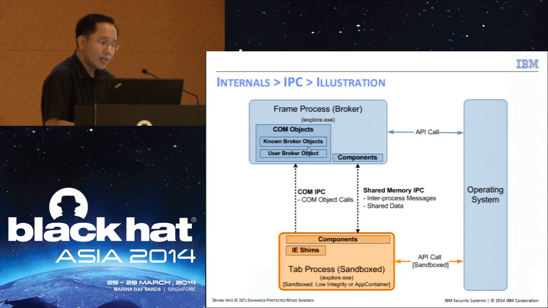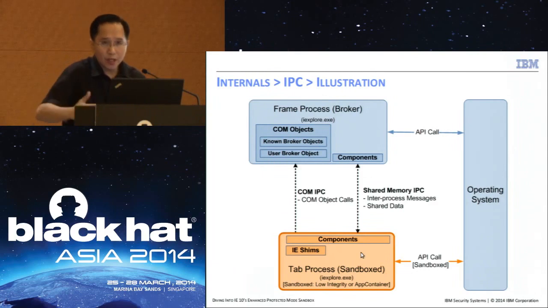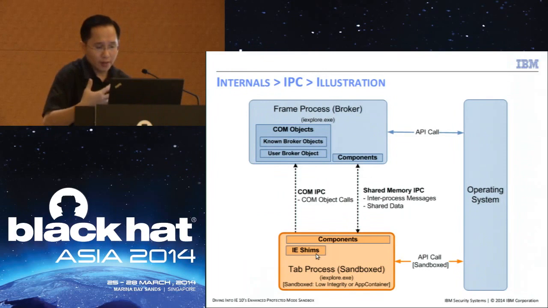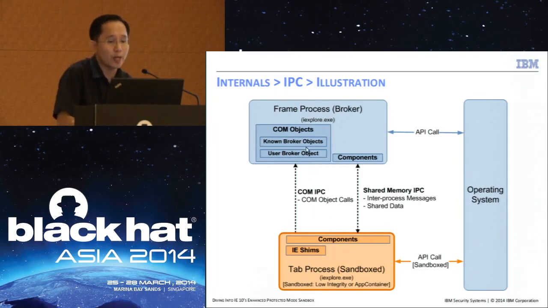The marshaled interface is then transferred to the Sandbox via the shared memory IPC, and then it will be unmarshaled in the Sandbox process. And then once it is unmarshaled, IE shims and components in the Sandbox process can then use it to invoke the services exposed by COM objects in the broker.